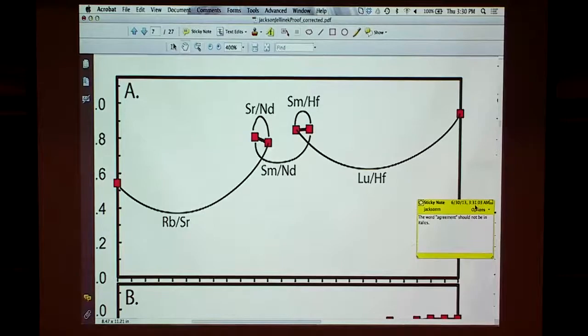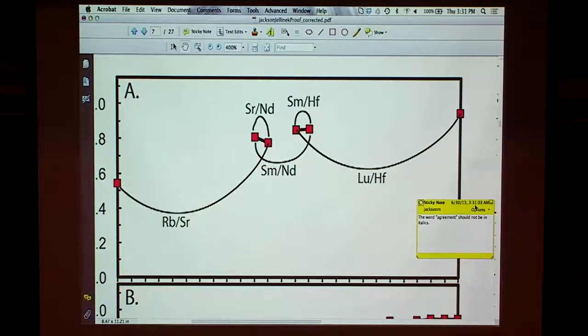Yeah, we use that. So rubidium decays to strontium. The x-axis is just the incompatible elements organized from left to right, decreasing compatibility. Now, so rubidium, strontium here, samarium, neodymium. You'll see there that the fractionation for samarium, neodymium isn't as large as for rubidium, strontium.